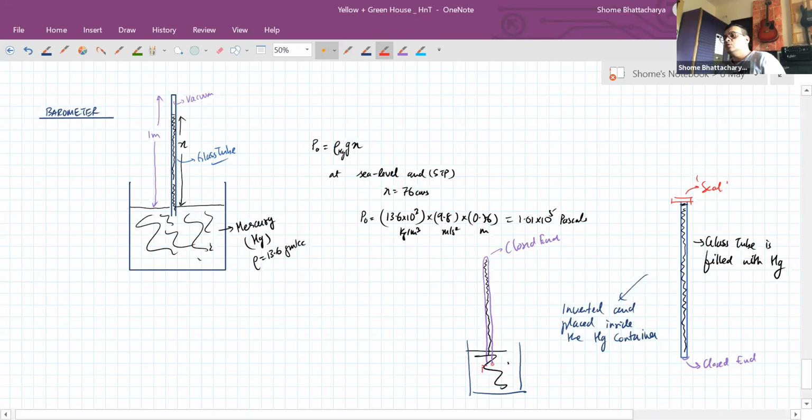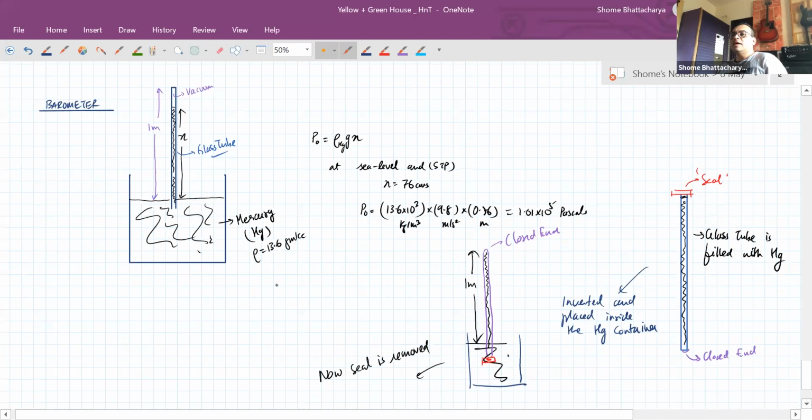And this side is sealed, so mercury cannot come out initially. And we place it such that the portion above is exactly 1 meter or 100 centimeters. And then what happens is now the seal is removed.